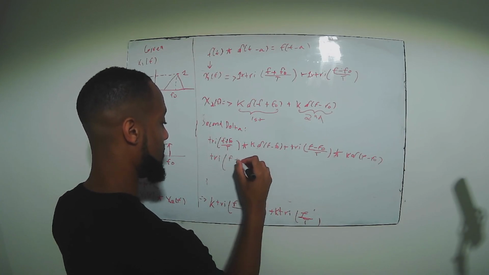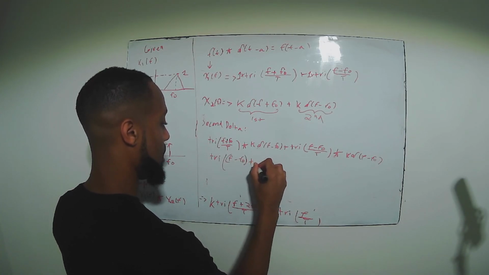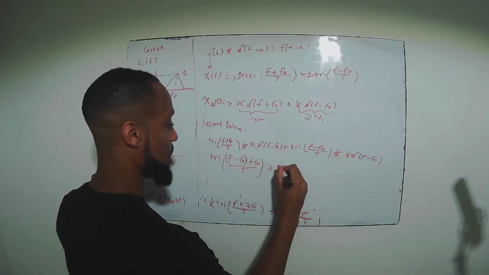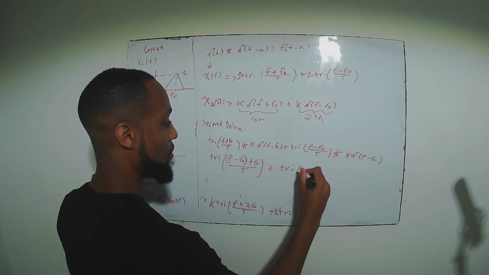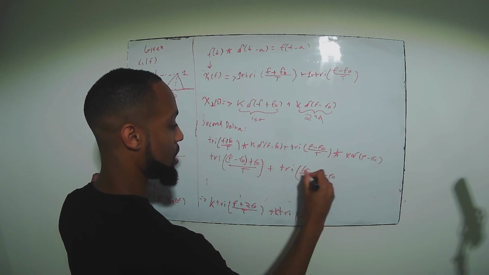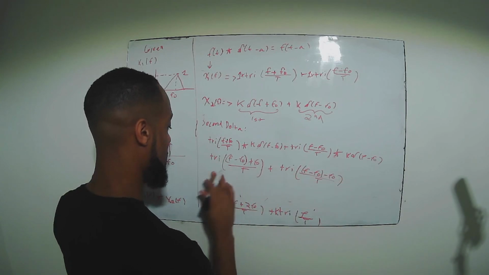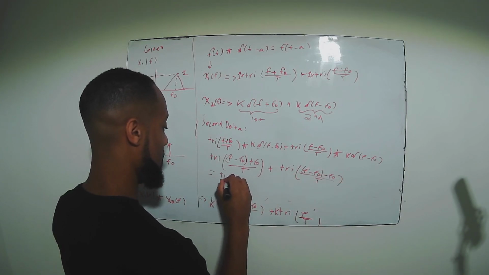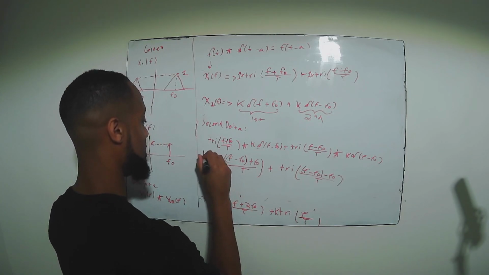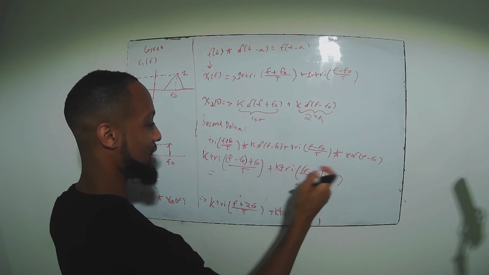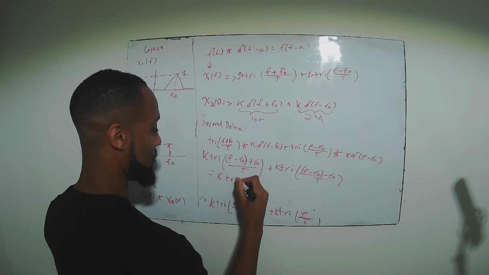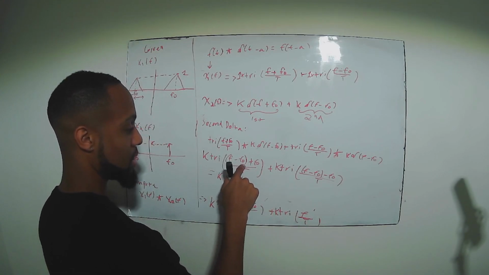So this is going to be trie of f minus f naught plus f naught, divided by t, and then plus trie of f minus f naught minus f naught, inside divided by t. And this is going to be multiplied by k. I keep forgetting my k's, guys. This is just an amplifier. So this is going to end up being k times trie of f minus f naught plus f naught.